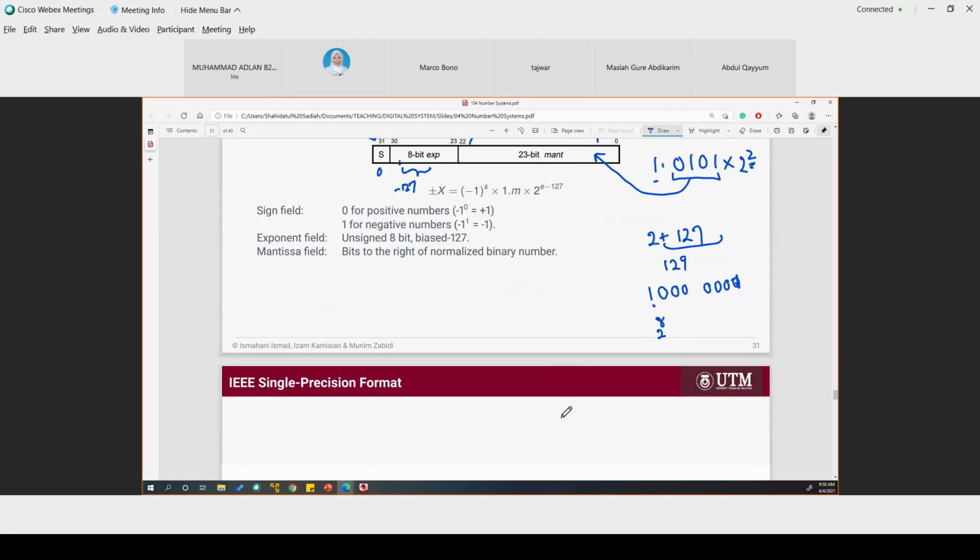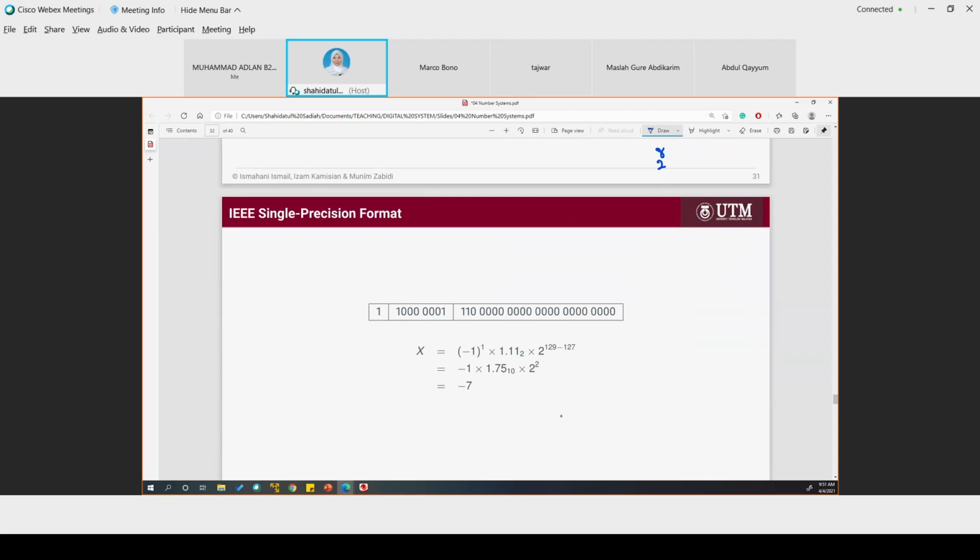For example here, 1 at the sign bit means this is a negative number. Then 10000001 is 129. So for the exponent part, this is 2 to the power of 129 minus 127, because we have bias 127. So you get the exponent part as 2 to the power of 2.